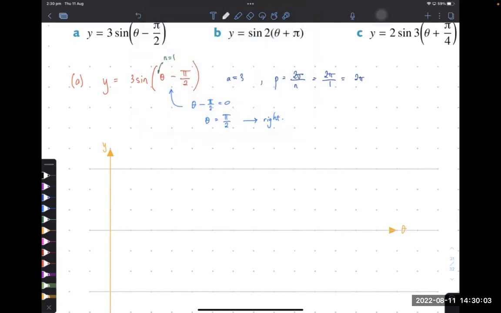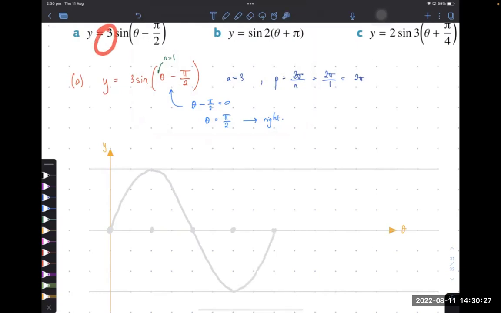Now, typically, right, our sine graph would look like this. Let's just make it 2 pi here, yeah? Typically, our sine graph would look like this, yeah? Because it hasn't been reflected.